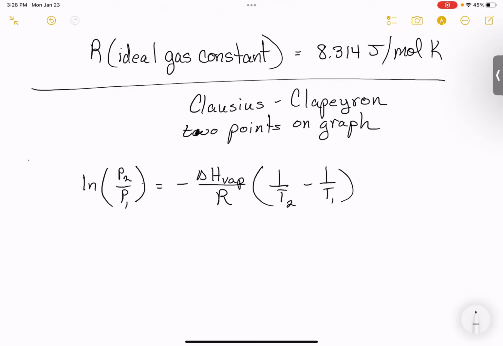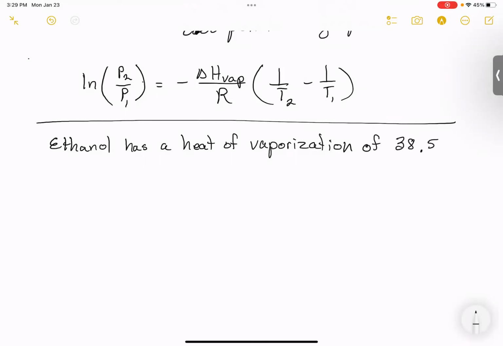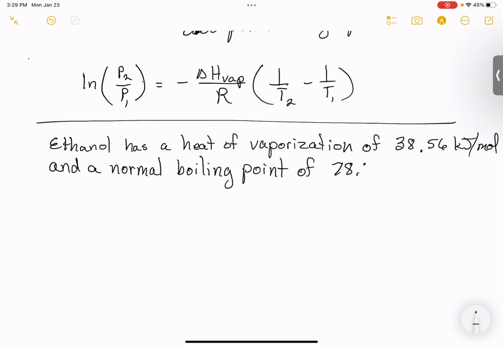Okay, so now let me get to a problem. Ethanol has a heat of vaporization of 38.56 kilojoules per mole and a normal boiling point of 78.4 degrees Celsius.